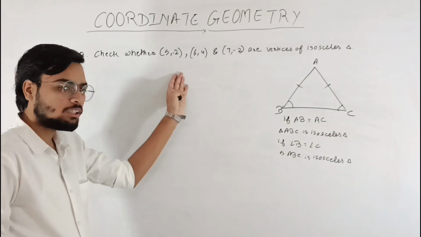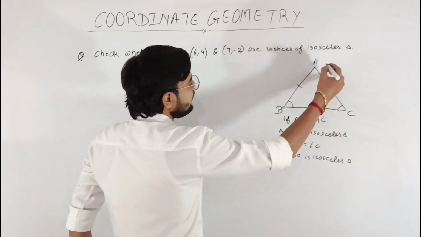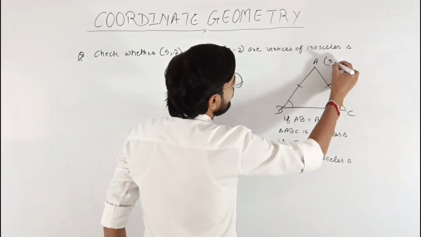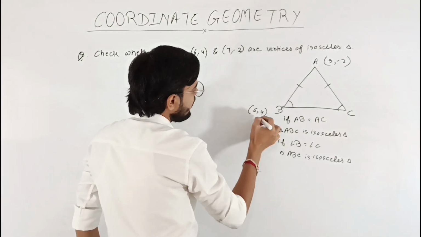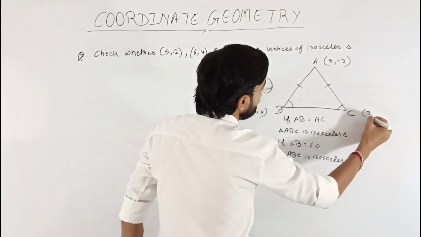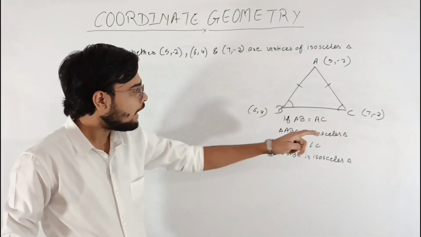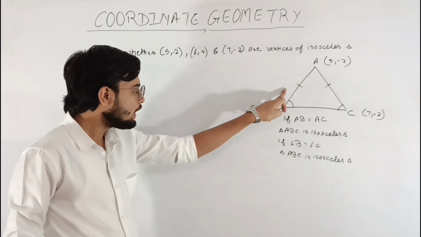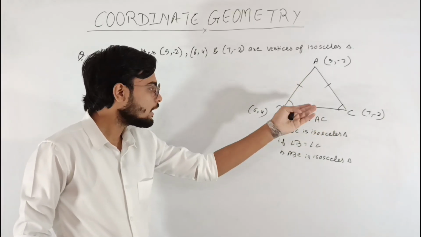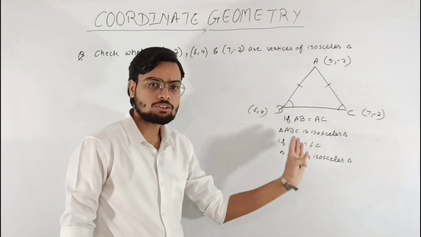In this question we don't have angles, we have sides. Suppose A is (5, -2), B is (6, 4), and C is (7, -2). If the distances AB and AC are equal, then it is an isosceles triangle, or if AB and BC are equal, or AC and BC are equal, again it is an isosceles triangle.